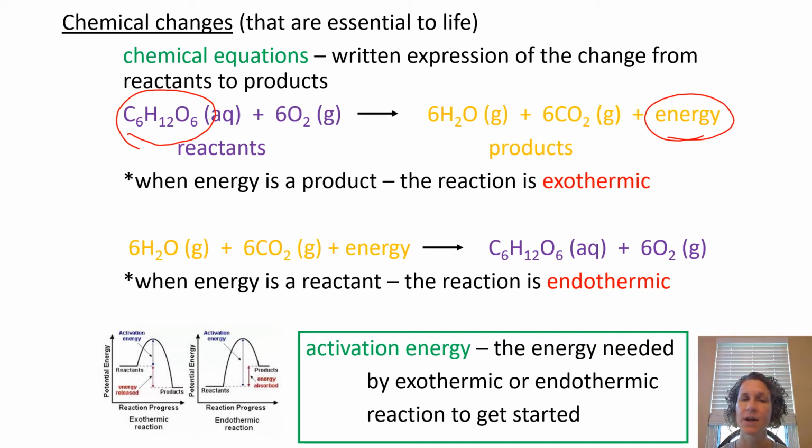One of the big things to know is that when energy is produced, you have an exothermic reaction. Now, the other reaction that I have written on there, if you look at it closely, you'll notice it is pretty much the opposite. It is the reverse of the above reaction. I've simplified it some, but this is basically what happens when a plant converts energy, sun energy, into a substance that we eat.